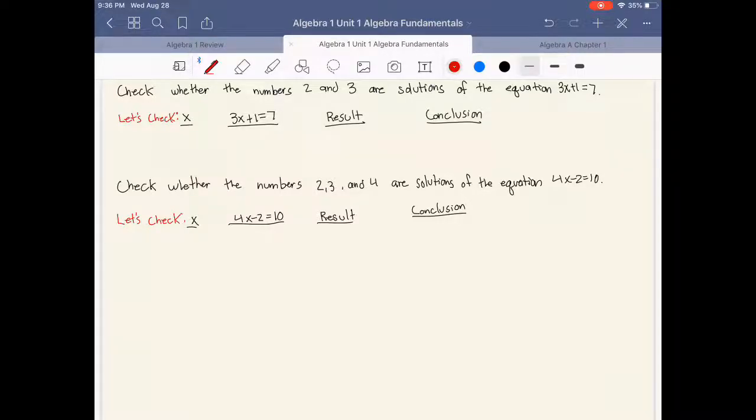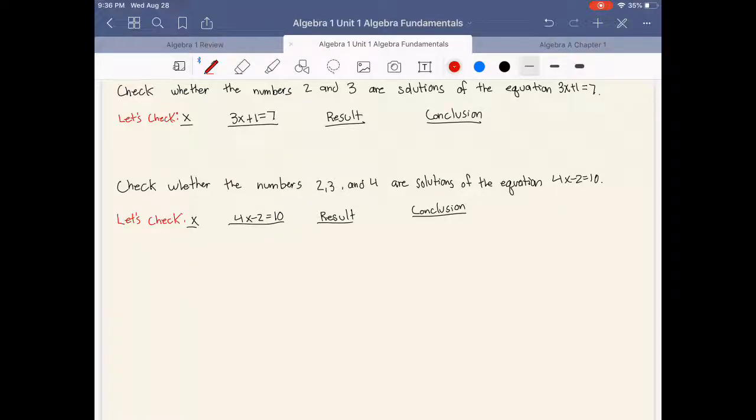Okay, now that they have copied this down, check whether the numbers 2 and 3 are solutions of the equation 3x plus 1 equals 7. All that means is we're going to replace x with 2 and 3 to check if 3x plus 1 would equal 7.